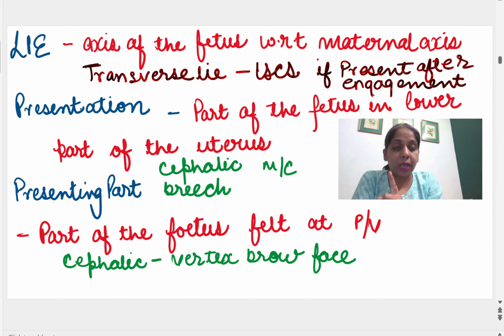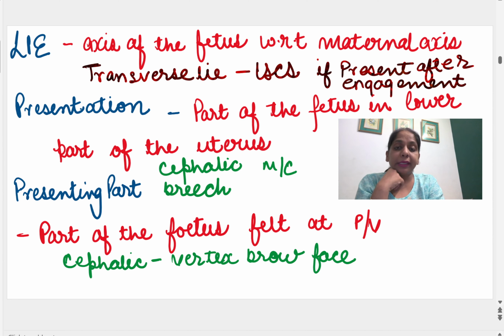In the transverse lie, we will always do cesarean. It is not that at 36 weeks or 24 weeks, if transverse lie is there, we will do cesarean. We will only do cesarean if the transverse lie has engaged, because after that the lie is not going to change.